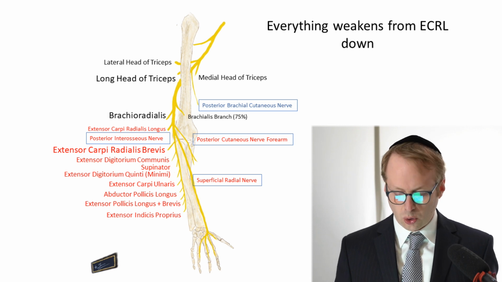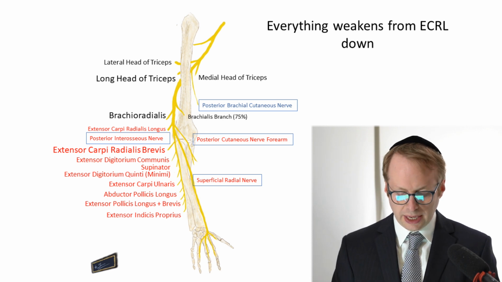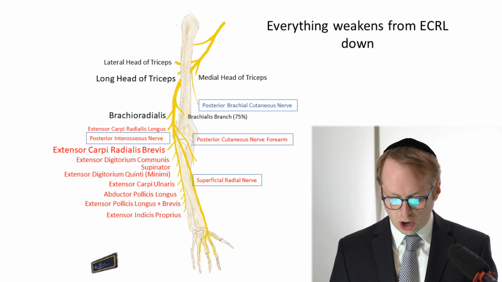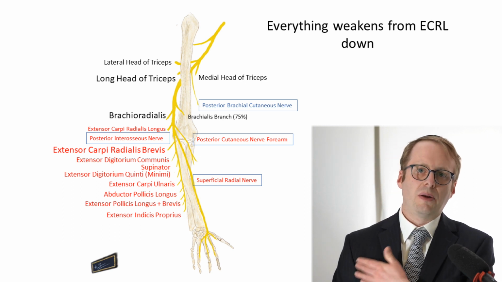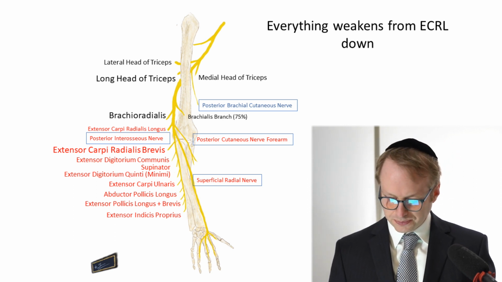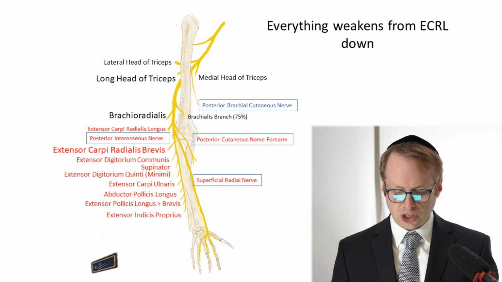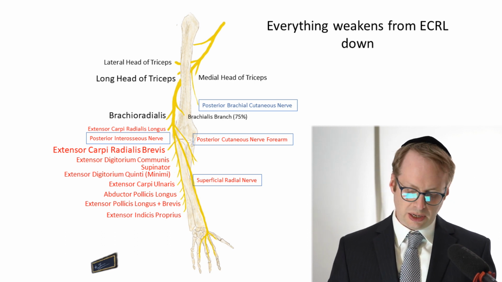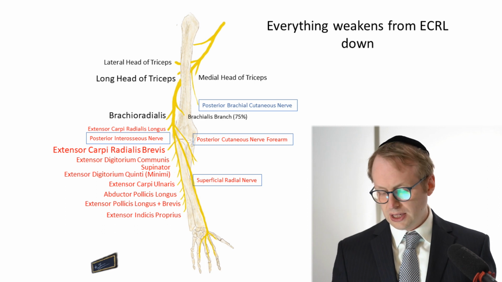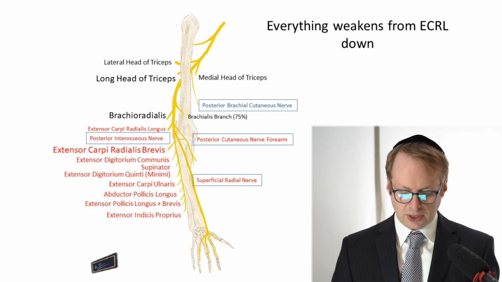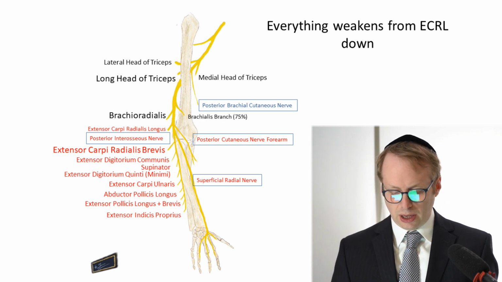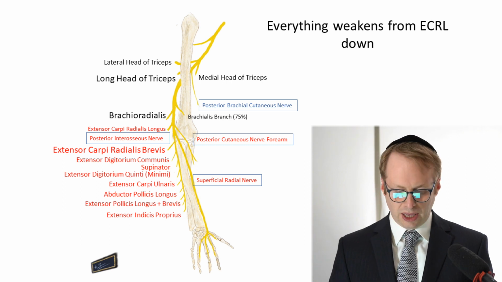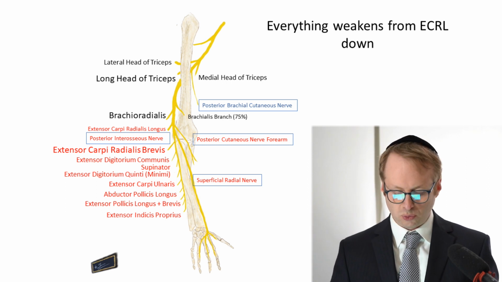So basically all the sensation is lost in the back of the forearm, but preserved at the back of the arm itself, or other variations where that is preserved but the innervation to the superficial radial nerve is impaired, together with the PIN muscles. So it can be a little bit of a dense area, and one can have some rather mixed pictures of what's going on.